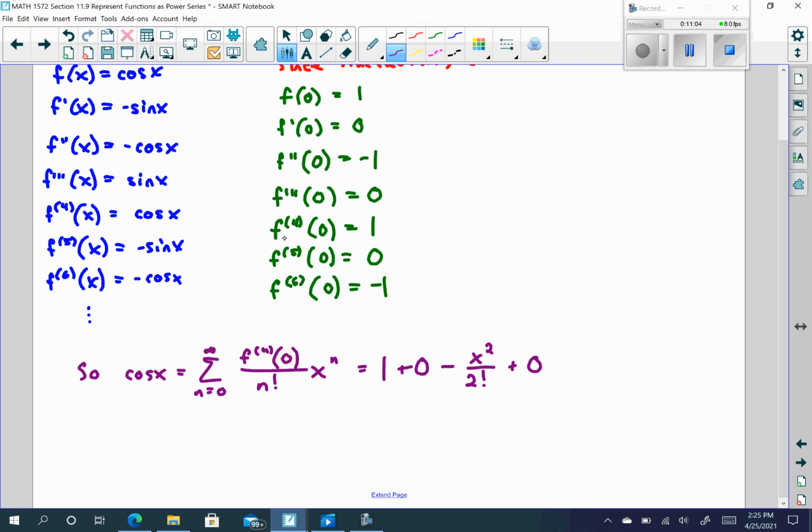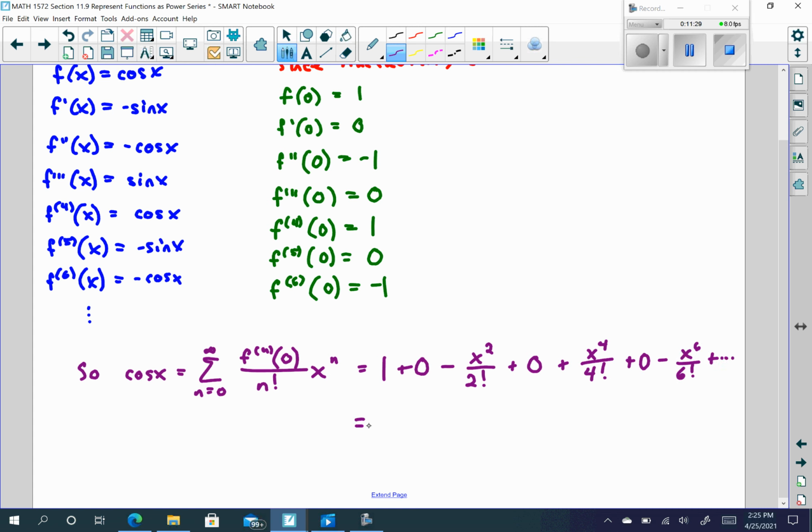Then when n is 4, we're at a positive 1, so we'll say plus 1 over 4 factorial times x to the 4th, so we have x to the 4th over 4 factorial. When n is 5, we'll get a 0. Then we're back at a minus here. So when n is 6, our sixth derivative, we'll just get x to the 6th over 6 factorial, and so on.